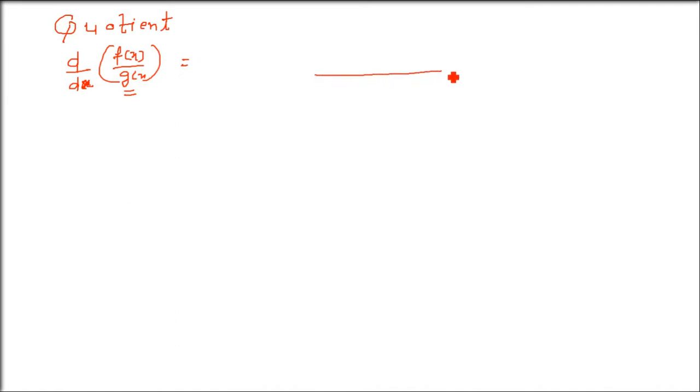So what we'll do: first we take g(x) in the denominator and square it. Then in the numerator you start with g(x), with the same product type of multiplication, but with a negative sign.